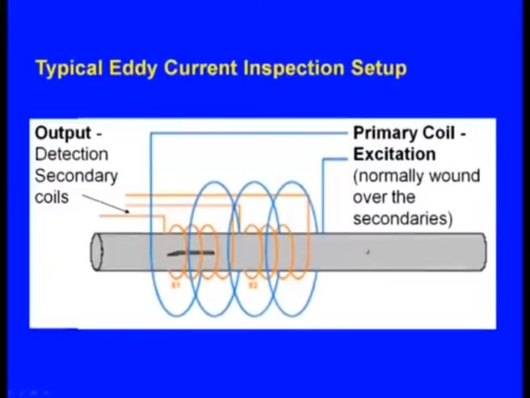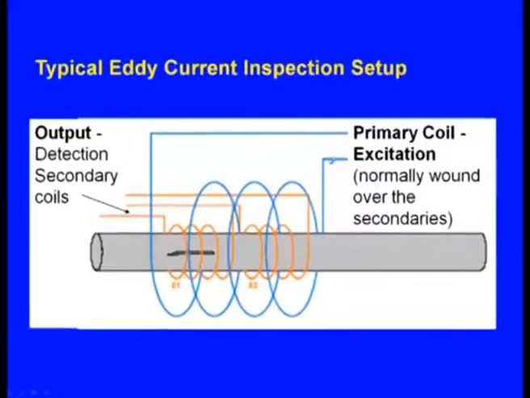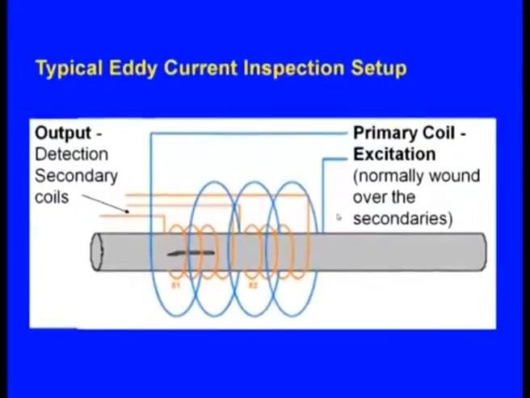Now, this is the cast specimen. This is the primary coil. The blue colored one is the primary coil, normally wound over the secondaries. Here is the secondary coil, the red one is the secondary coil. So, in this setup we see there are two types of coils, one is the primary coil and the other one is the secondary coil, and through the primary coil we will be passing the current.